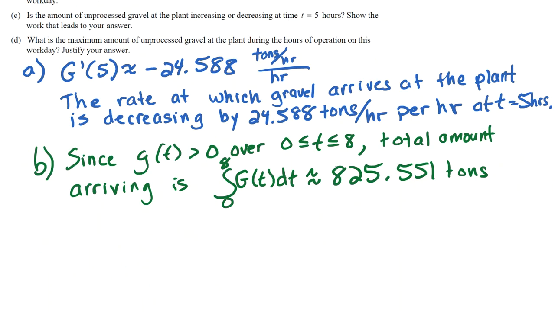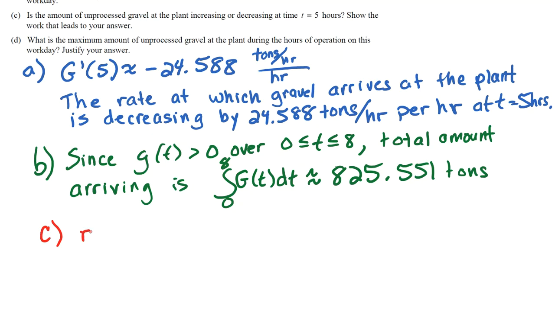In part C, we're asked, is the amount of unprocessed gravel increasing or decreasing? So for the amount of unprocessed gravel, we're going to have to come up with a combination of the in and the out. So the question here really is, are we processing it faster than it's coming in or more slowly than it's coming in?